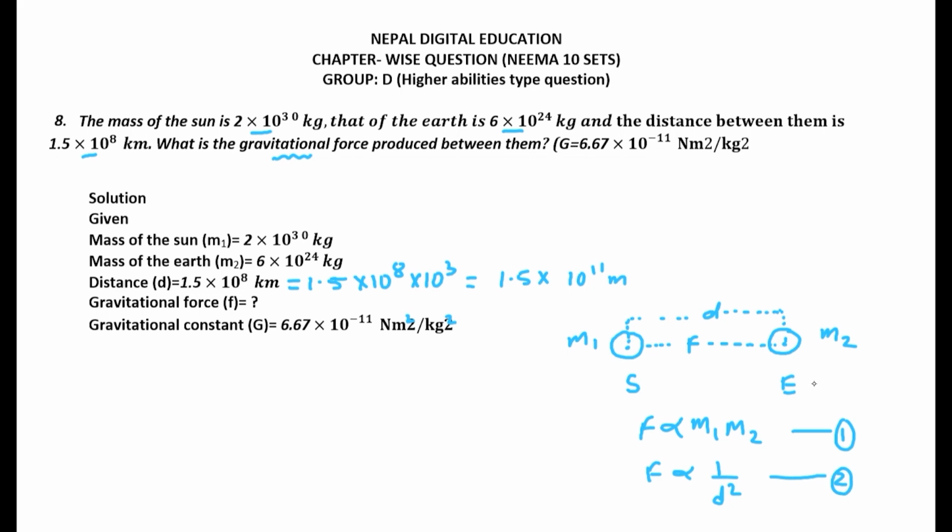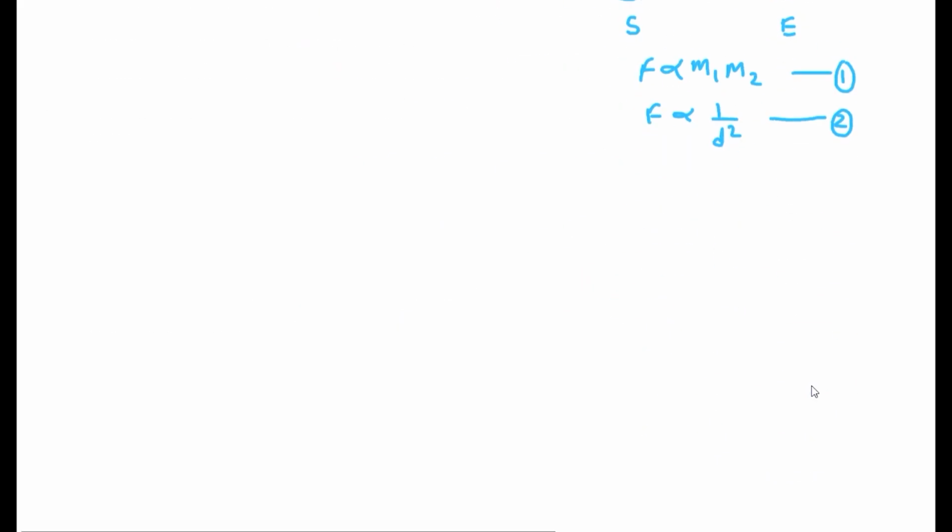When we combine both, we get F directly proportional to m1 m2 by d square. When we remove the proportionality sign, we have to add a constant, that is capital G, the gravitational constant, and its value is 6.67 into 10 to the power minus 11 Newton meter square per kg square.